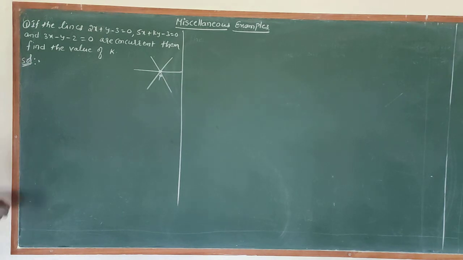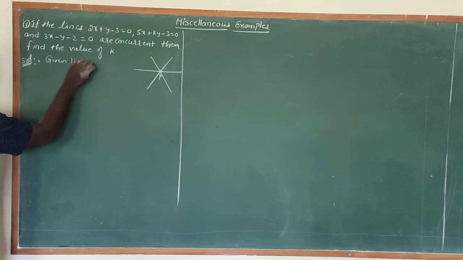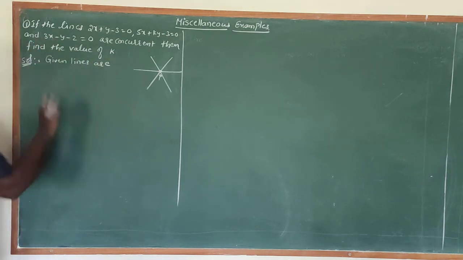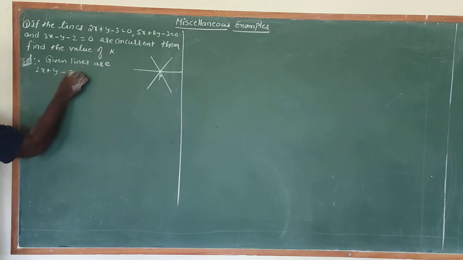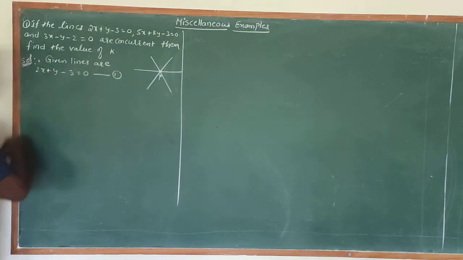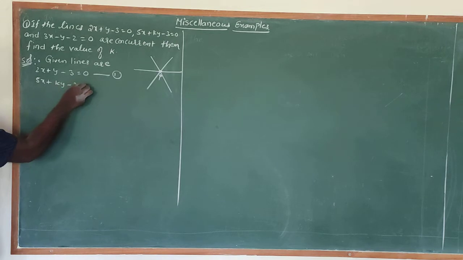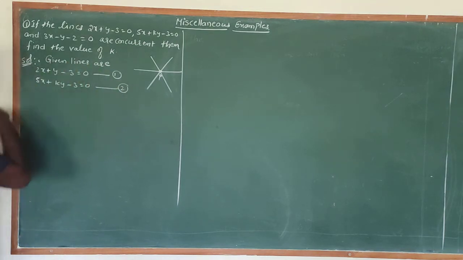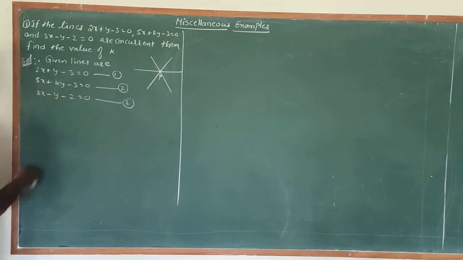Given lines are: first line 2x plus y minus 3 equals 0, it is equation 1. 5x plus ky minus 3 equals 0, it is equation 2. Next, 3x minus y minus 2 equals 0, it is equation 3.